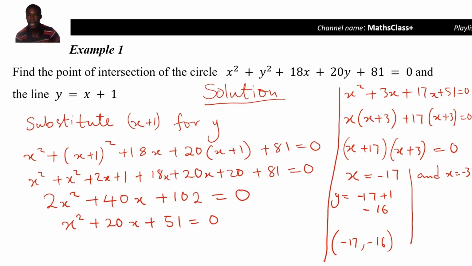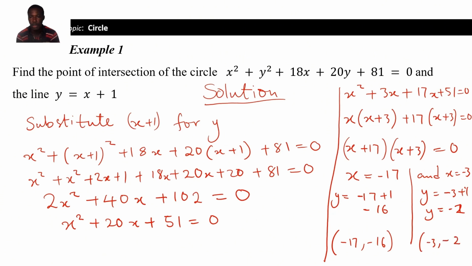And then when x is -3, y will be -3 plus 1, which will be -2, which will also give me the point (-3, -2). So these are the points where the line and the circle intersect.